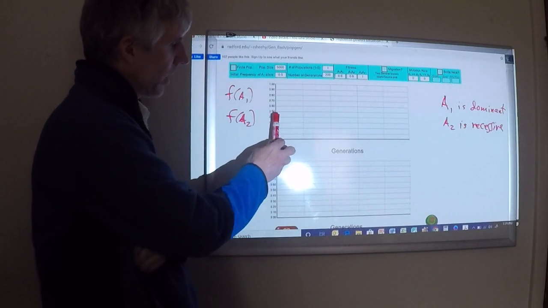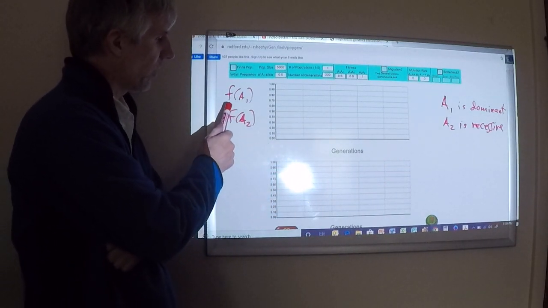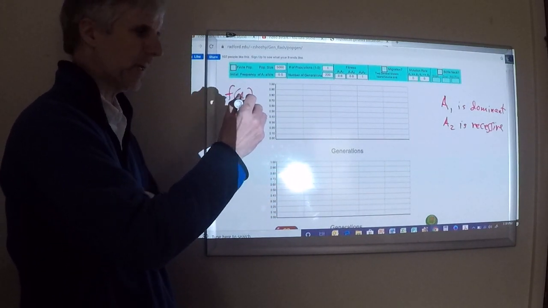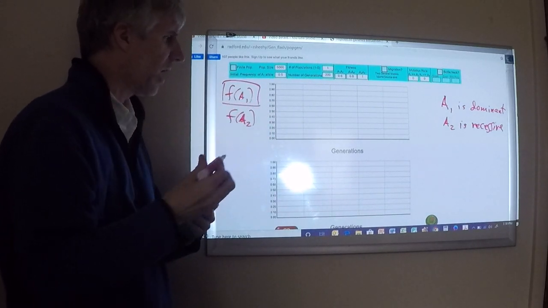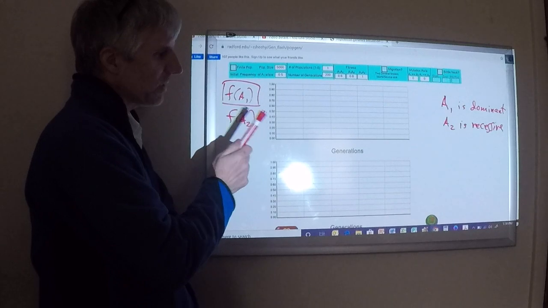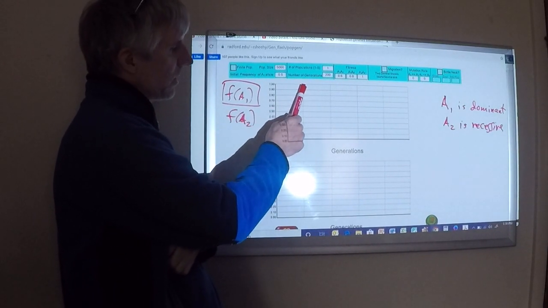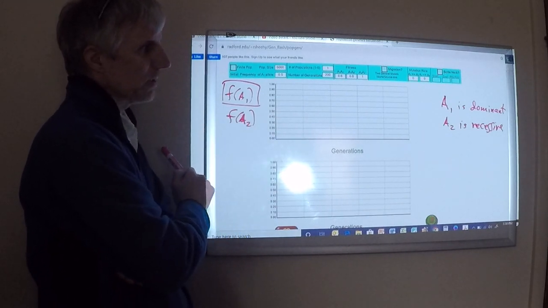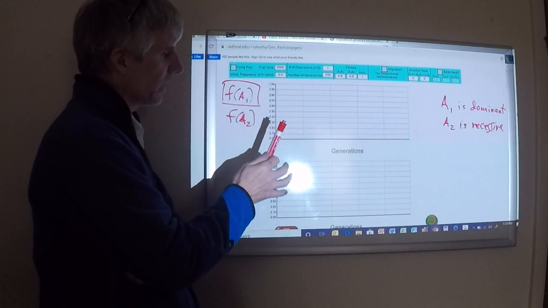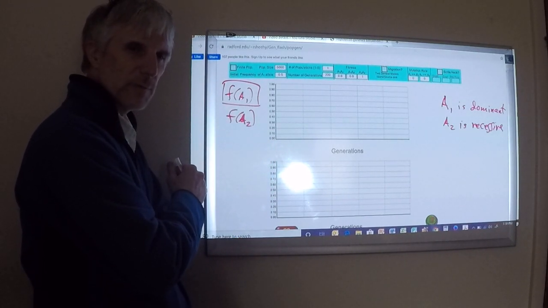So I'm going to start at 50%, and I'd like you to think a little bit here about specifically what's happening to that dominant allele's frequency within the population. What's happening to its frequency? Do you expect its frequency to increase or to decrease? And if you expect an increase or a decrease, what do you expect the shape of that curve to be?